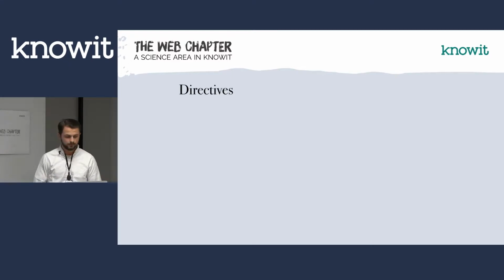Directives. They are special attributes prefixed with v-. They are expected to be simple single JavaScript expressions. And the directive's job is to reactively apply side effects to the DOM when the value of the expression changes.